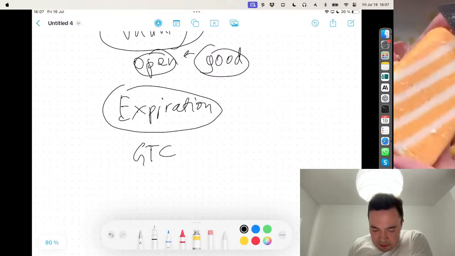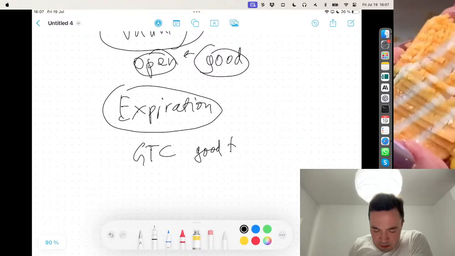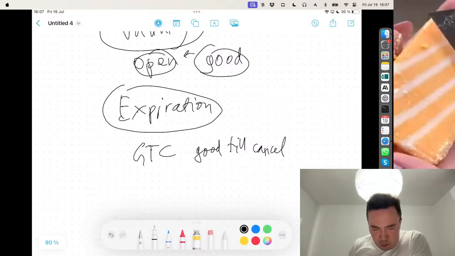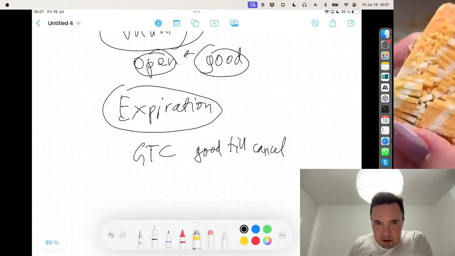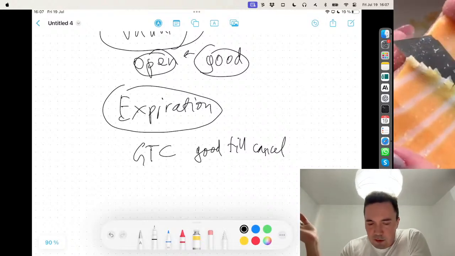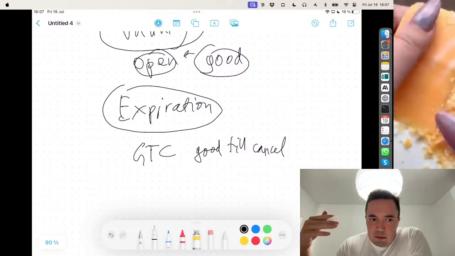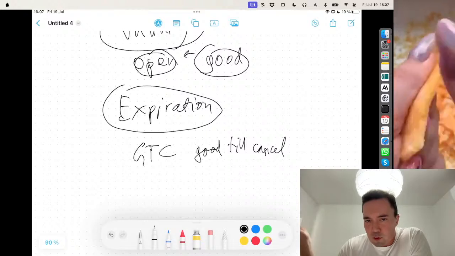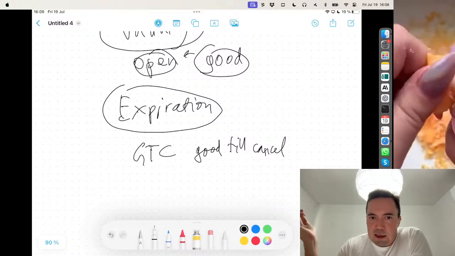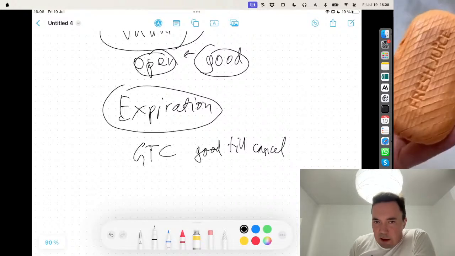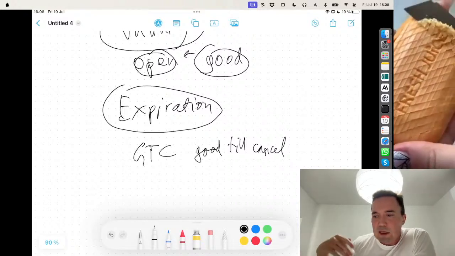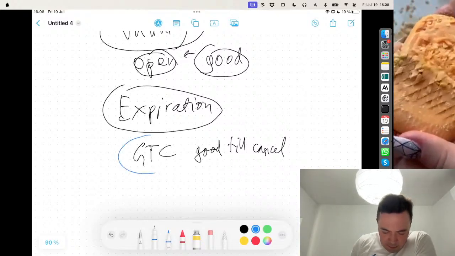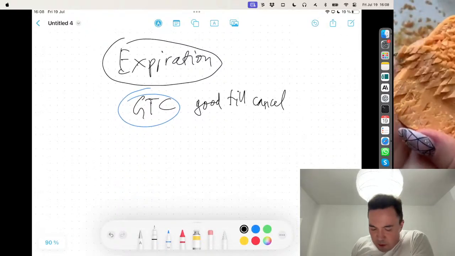It's good till canceled. GTC means that after we submit the order, it waits infinitely until we cancel it. Technically, some other things could also cancel it, but in the general case, we say that the order will be valid up until we send the instruction to cancel the order. This is the first expiration.